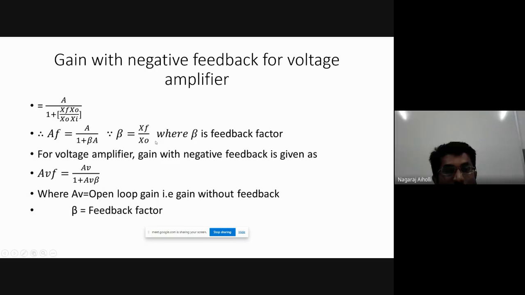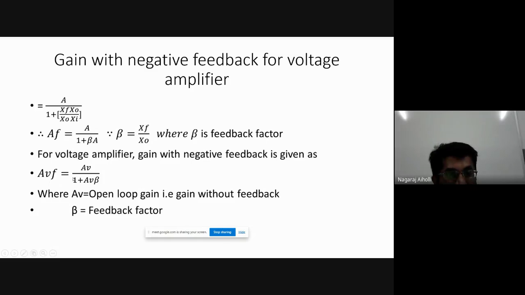So for any voltage negative feedback amplifiers, the gain with feedback is given by the gain without feedback divided by 1 plus the gain without feedback into beta. That is, AVF is equal to AV divided by 1 plus AV beta. That means what?